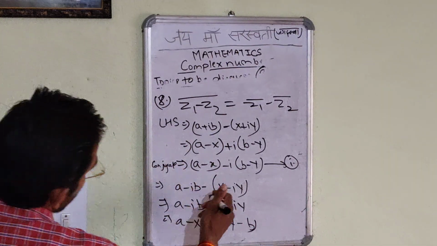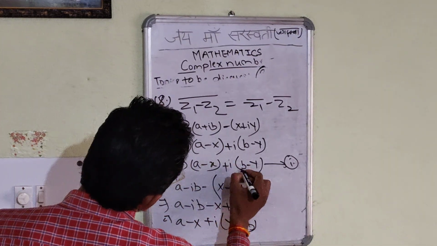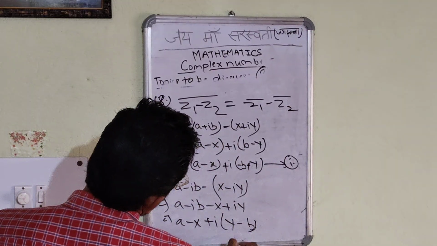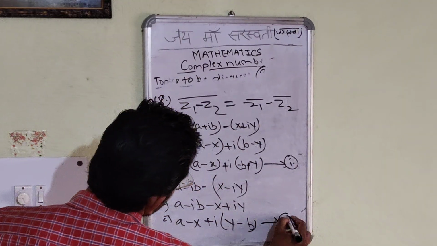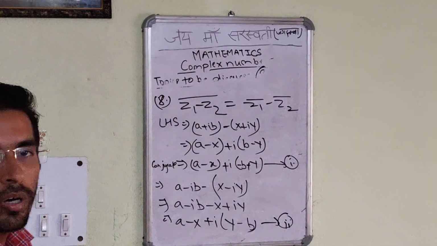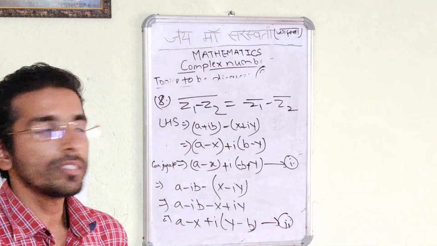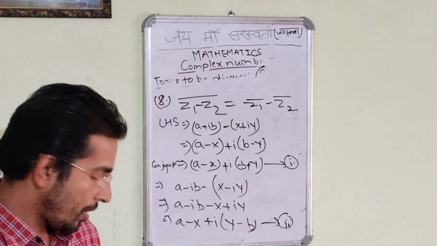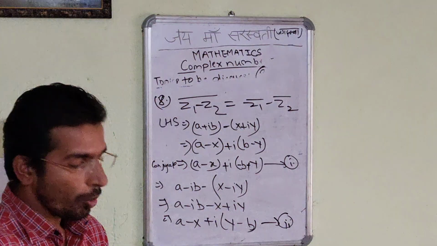If we take i common, it is minus b plus y. Understood? So we have seen how the LHS equals the RHS, which establishes our relationship. So far we have covered the eighth property.